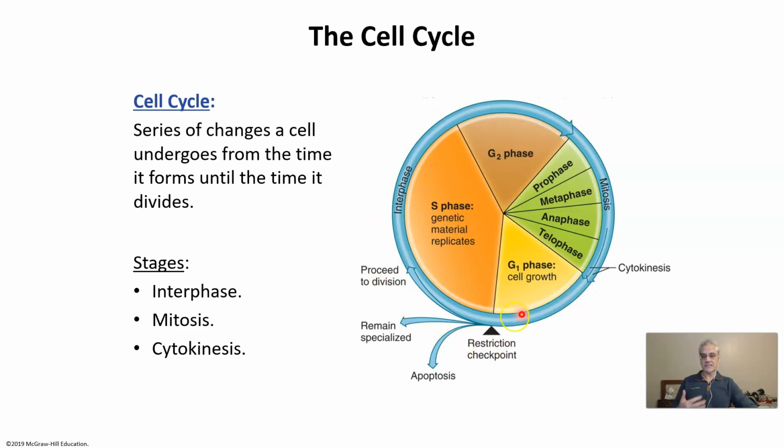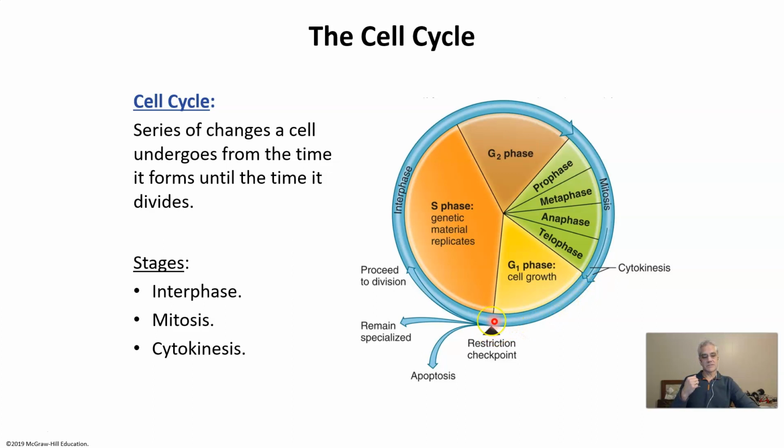It's either doing its thing as a cell, or it is preparing to divide, which means, as I say here, S phase, where the genetic material replicates. DNA replication occurs here during the S phase, that portion of interphase. And then it prepares to divide, and then it actually goes through the process of mitosis. So mitosis would be the 1 hour out of the 24. 23 hours is spent all the rest of this time. 1 hour is spent in mitosis, actual mitosis.